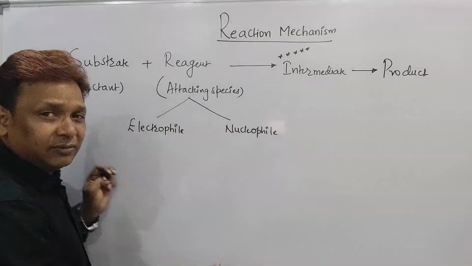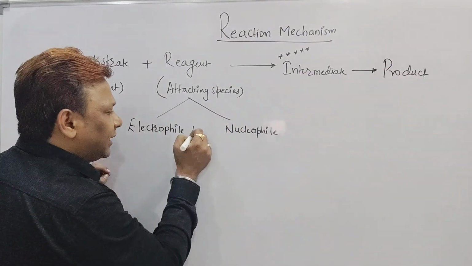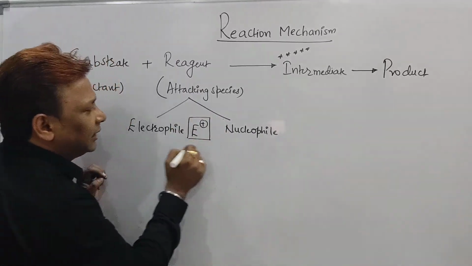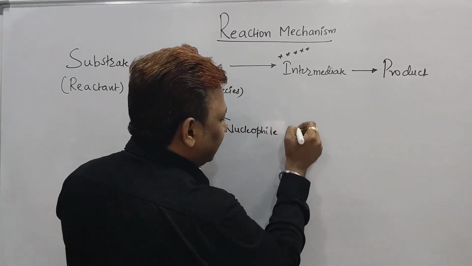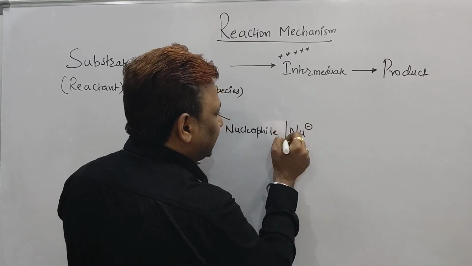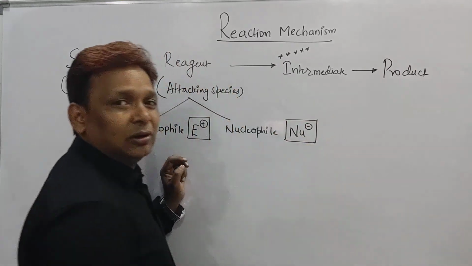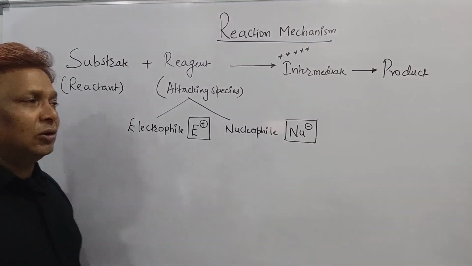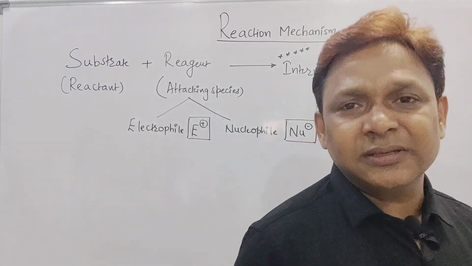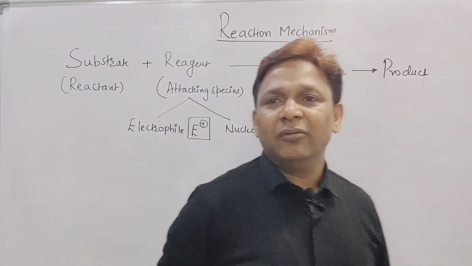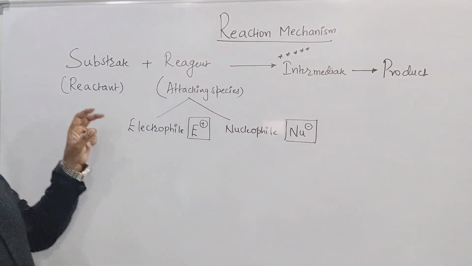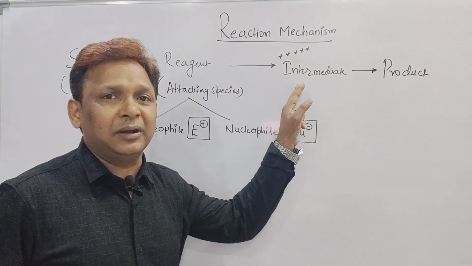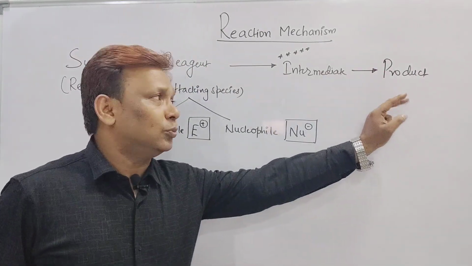In this complete video, I am going to use E plus for electrophile, and wherever I use Nu minus, it will be called a nucleophile. One is an electrophile, the other is a nucleophile. Is it clear? Just to recap what we did in reaction mechanism: one is a substrate, the other is a reagent, together they form the intermediate, which then converts into the product.